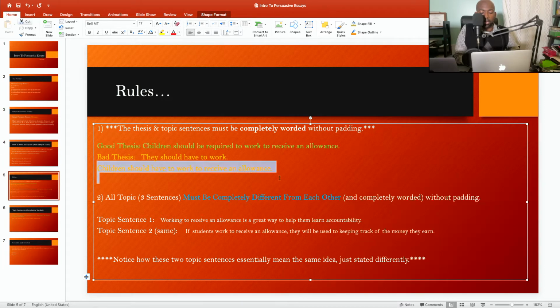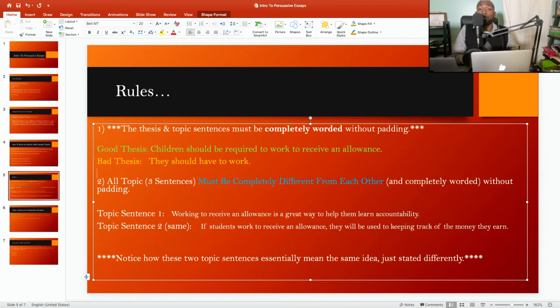So that shows the difference between a good thesis and a bad thesis. It's very important that the thesis statement and topic sentences too are completely worded. We'll talk more about that. But the second rule that I share with students, a very important thing to be thinking about when writing your outline, is that all three of your topic sentences must be completely different from each other, and completely worded as well.